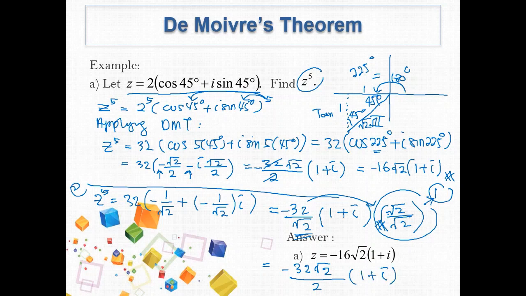Now if you see, what we have here is equal to that from the first method. So cancel this. You see, you still get the same answer, which is negative 16 square root of 2 multiplied with 1 plus i.